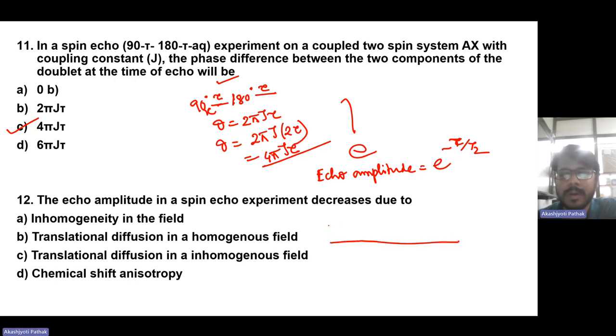So what we found is that in a spin echo experiment, first we give a 90-degree X pulse, then tau, then a 180-degree X pulse, then tau, and then we record the echo. So why is there a decrease in the echo amplitude?